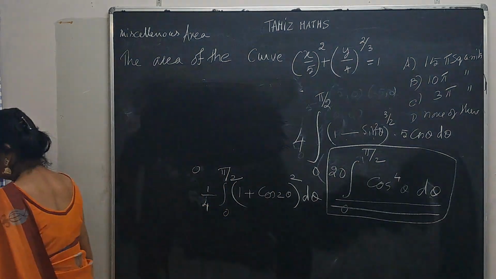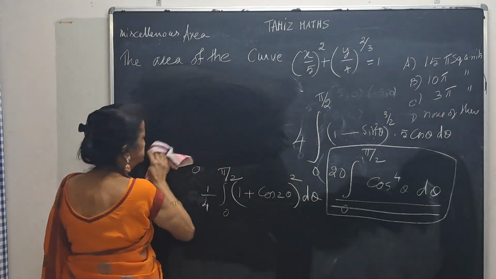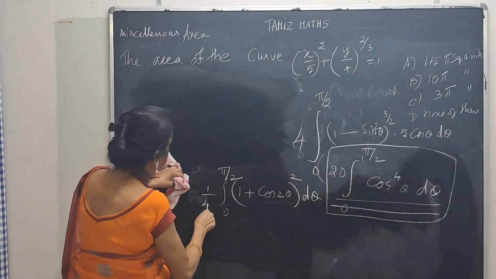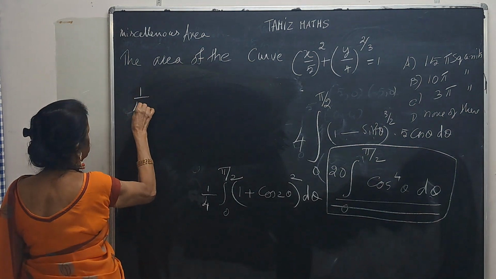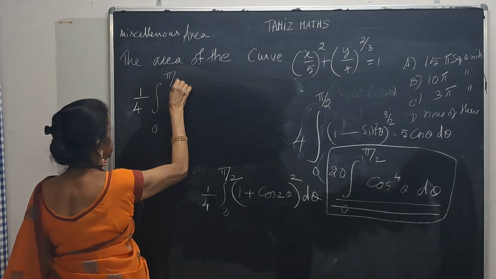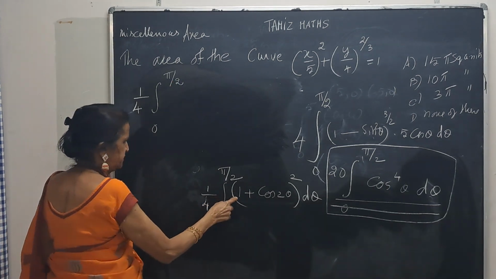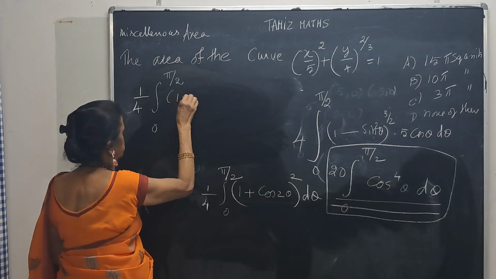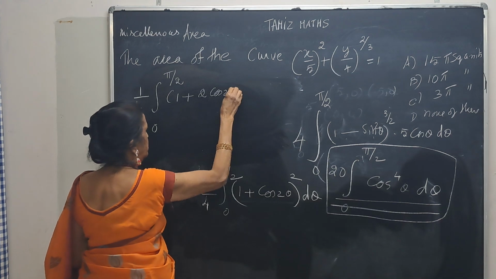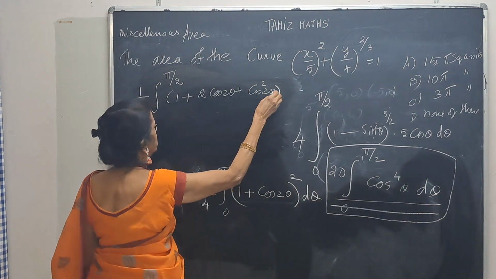Patience is a must. Patience is a very good virtue and it's very much needed in mathematics. A plus b whole square is a square plus 2ab plus b square, d theta.